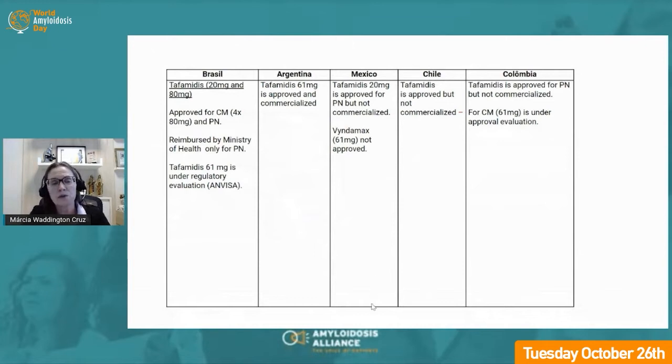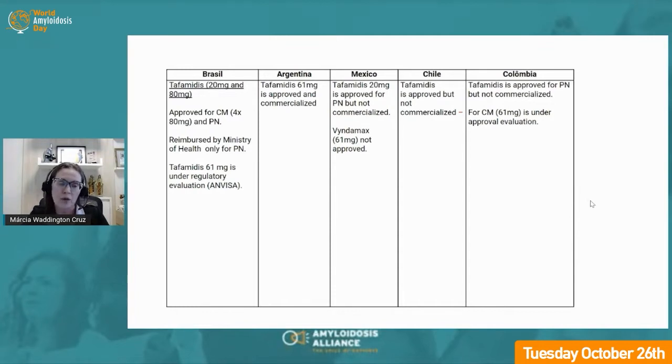Pfizer sent me this official access situation all over Latin America. For Brazil, I have already described. In Argentina, Tafamidis 61 milligram is approved but uncommercialized. In Mexico, Tafamidis 20 milligrams is approved for polyneuropathy, but not commercialized.